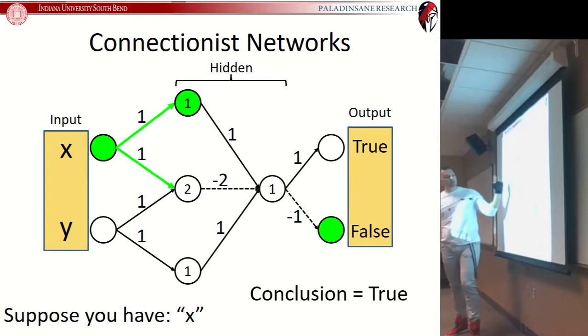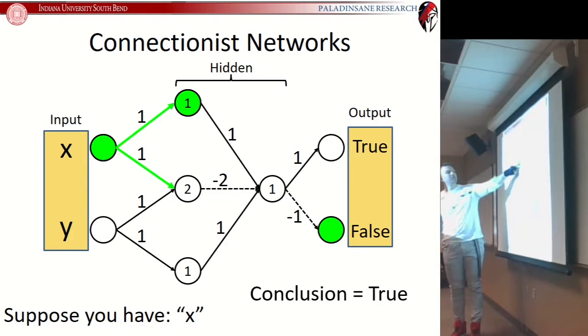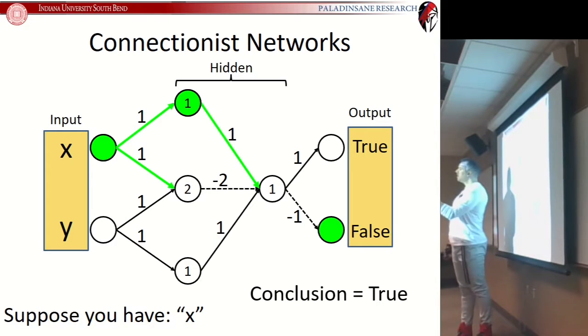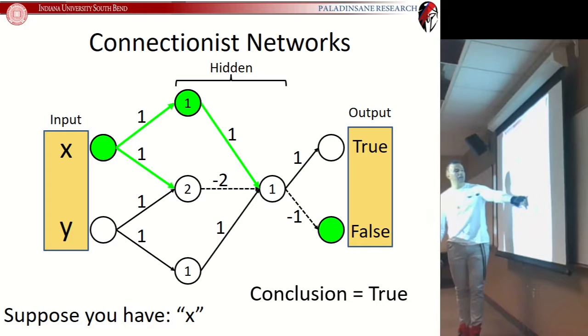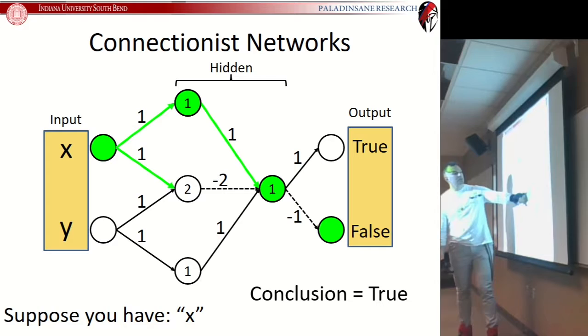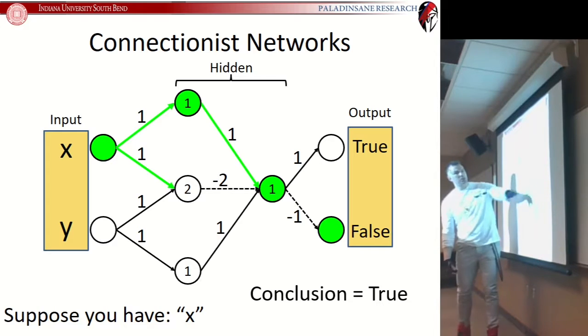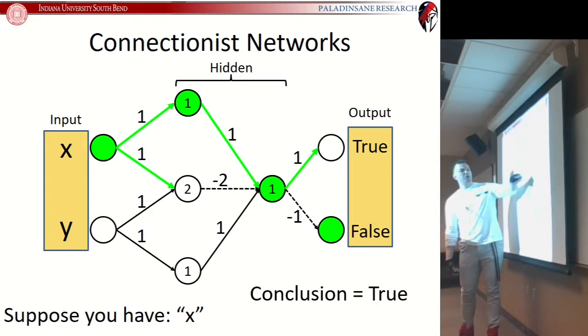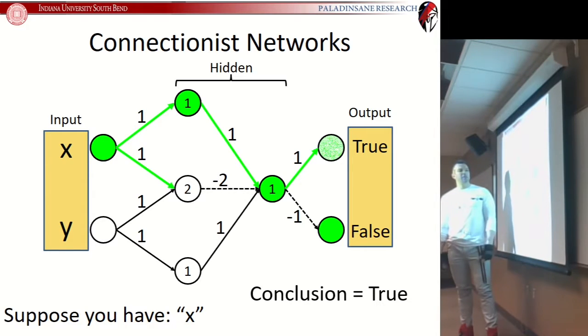So what happens now? The processing continues. This unit gets activated, sends 1 unit of activation down here. This unit requires 1 unit of activation. It gets that amount of activation. So now it is going to send its activation. It sends 1 unit of positive activation up here to true, turns on that unit.